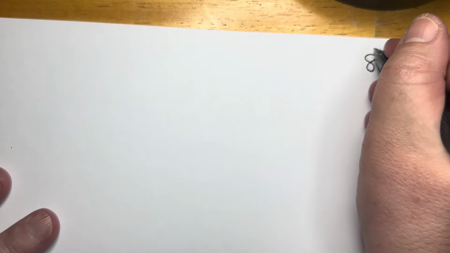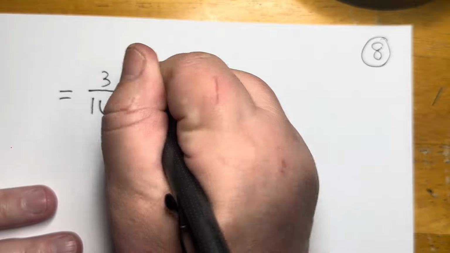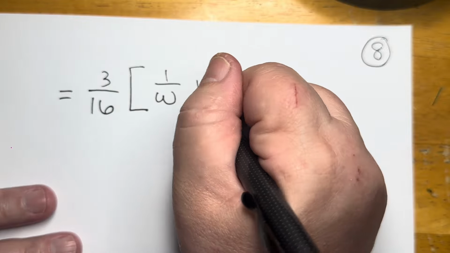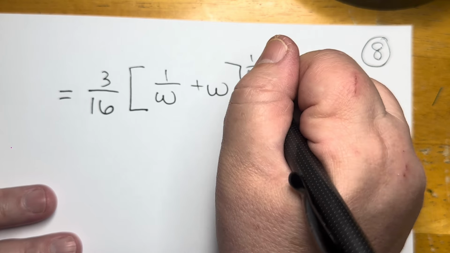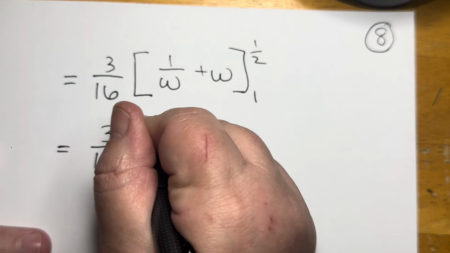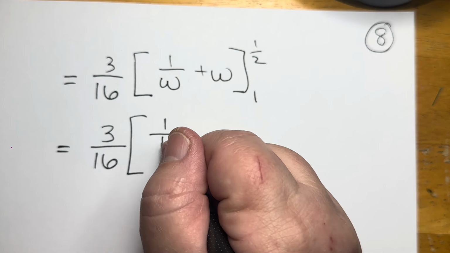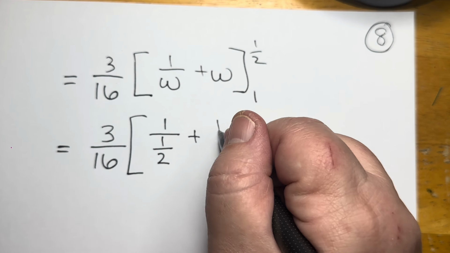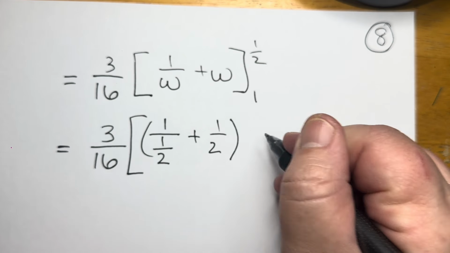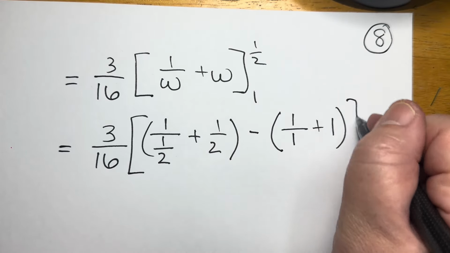Okay, this is page 8, and I think final. So at this point, the last thing I wrote was that this equals 3/16 times the quantity 1 over w plus w from 1 to 1/2. So this is going to be 3/16 times, now this is going to be 1 over 2 plus 1/2, minus, and then we're going to plug in 1 over 1 plus 1.